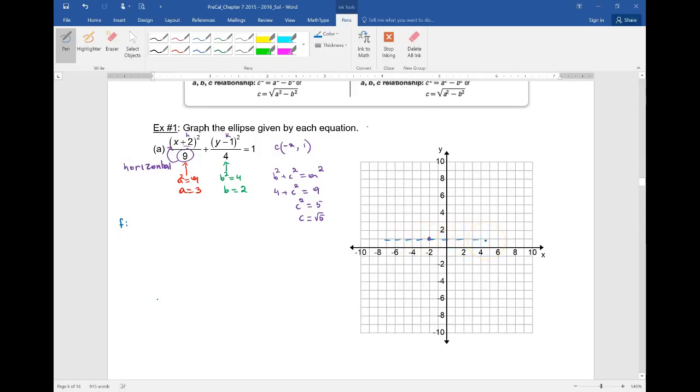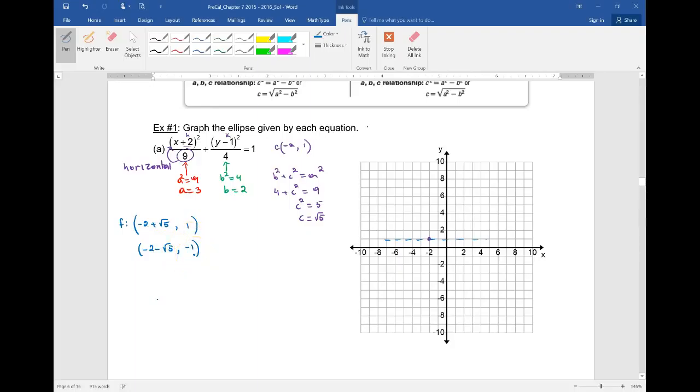What's the Y value going to be for all of those points? 1. The Y value will not change, but the X value will change. So what I do is this. The center is at -2 and 1, right? I say -2 plus root 5, comma 1. Negative 2 minus root 5, comma 1.